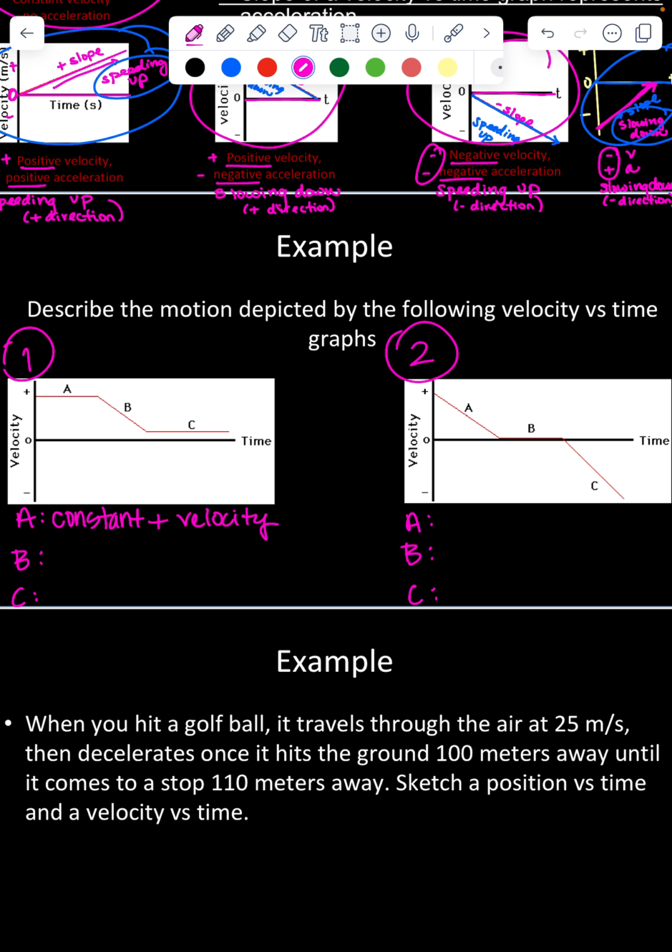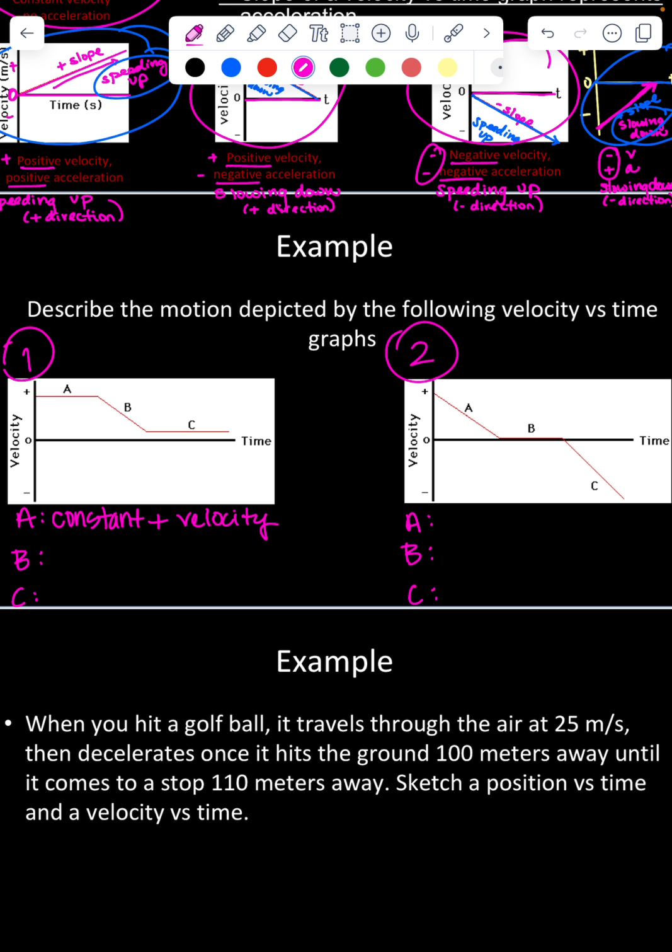B means that I have changing velocity. So we can do this one of two ways. We can look and see that we're in the positive velocity, but our slope for B is negative, and that tells us that we have opposite signs, which means that we're slowing down. We could also just see where B is trending.